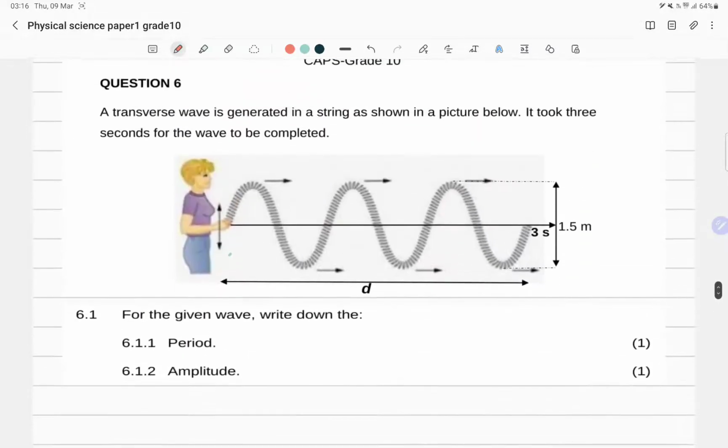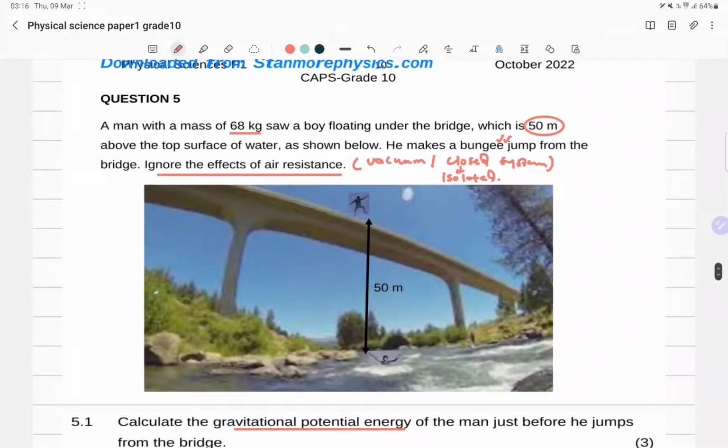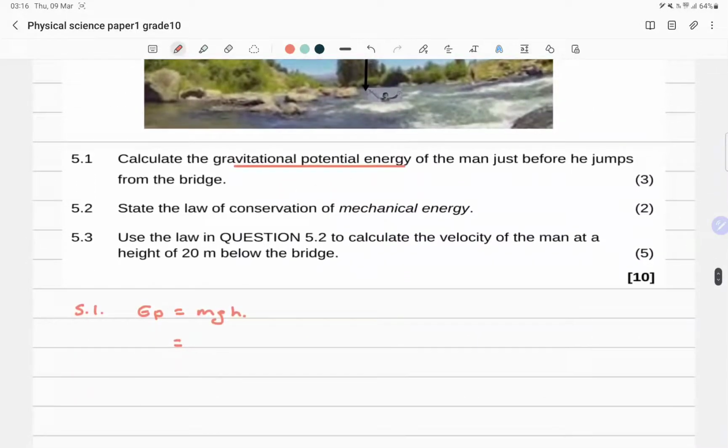Okay, great. Let's do it quickly, guys. Let's not waste time. This is mass. What is his mass? It is 68 kgs into 9,8 into the height of 50 meters. Okay, so let's do the calculation.